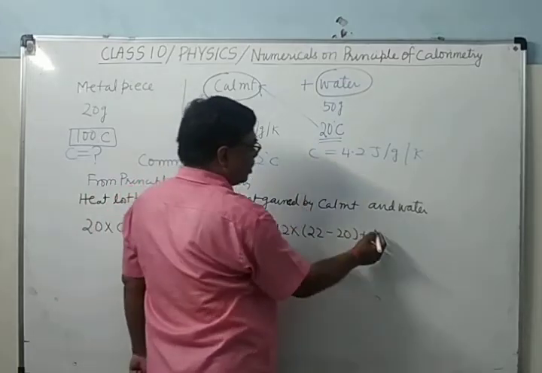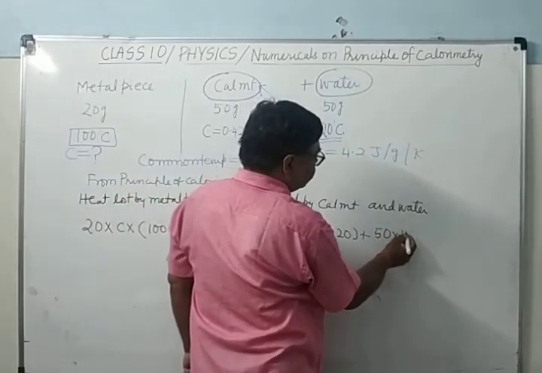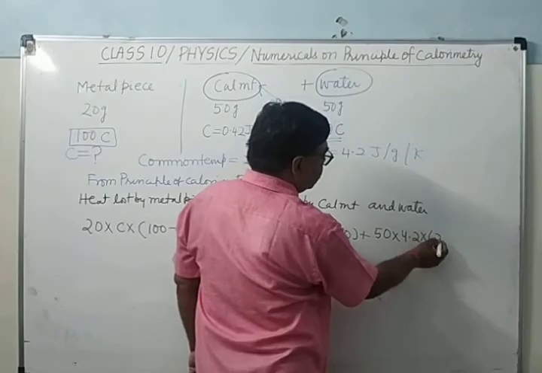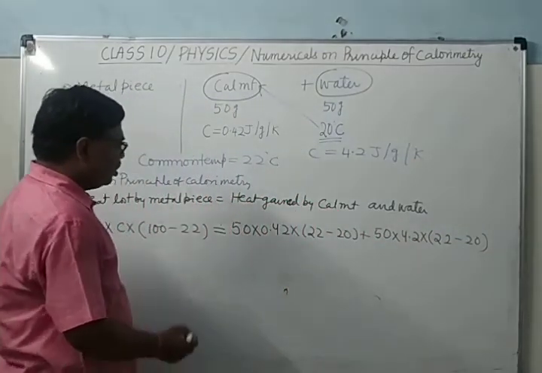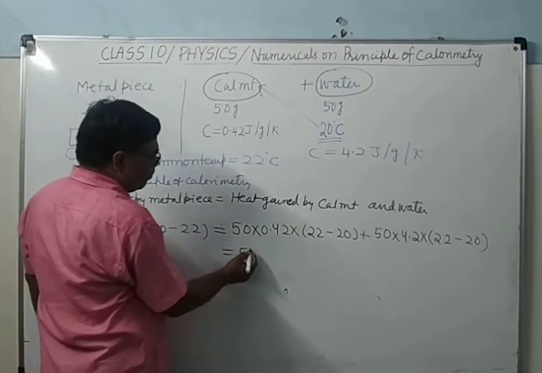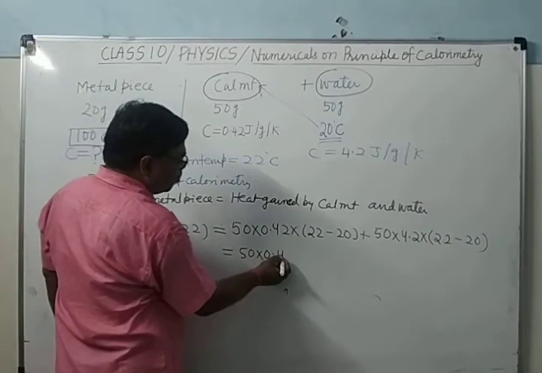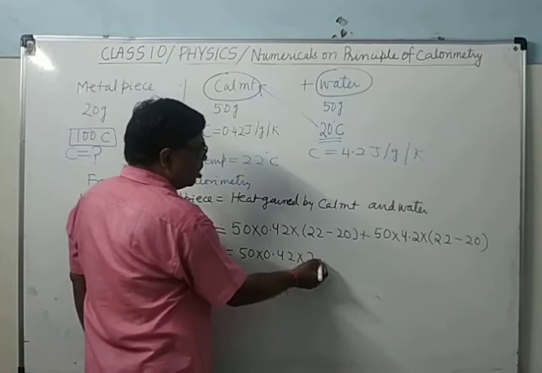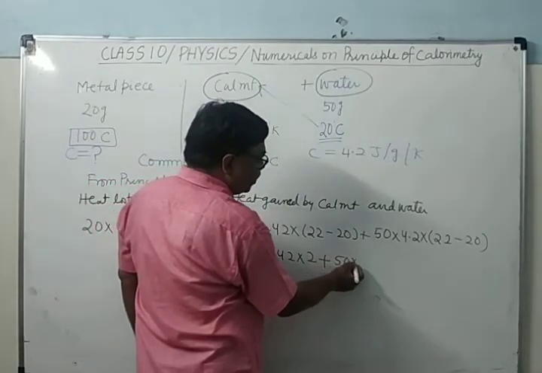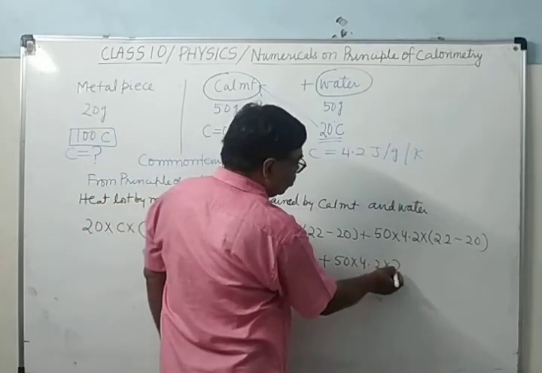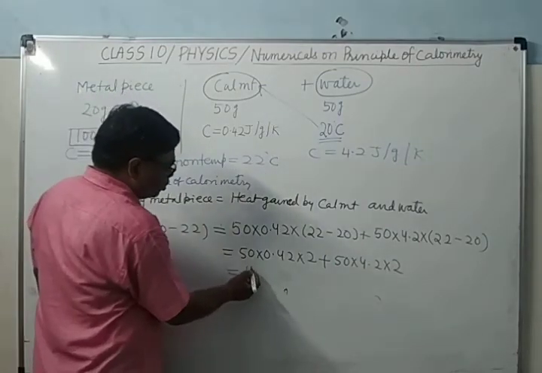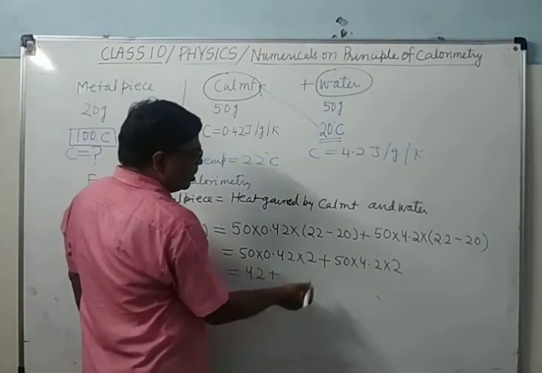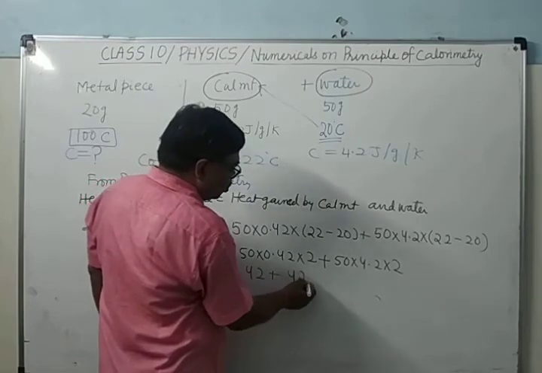Then for water, M is 50, C is 4.2, into 22 minus 20. So when you simplify, 50 into 0.42 into 2 plus 50 into 4.2 into 2, it is 42 plus 420.